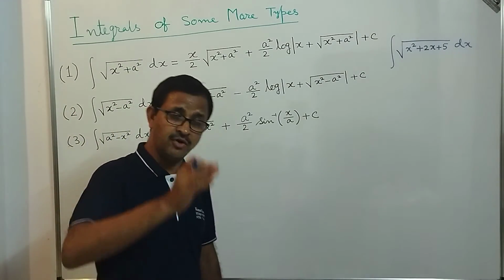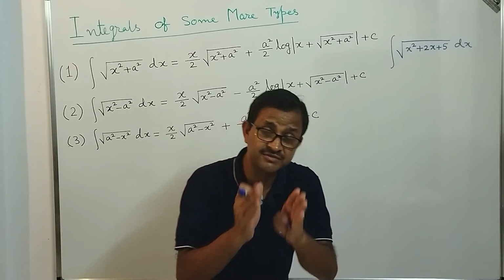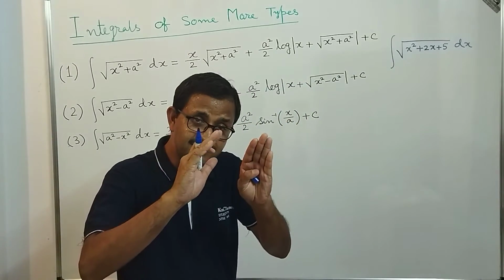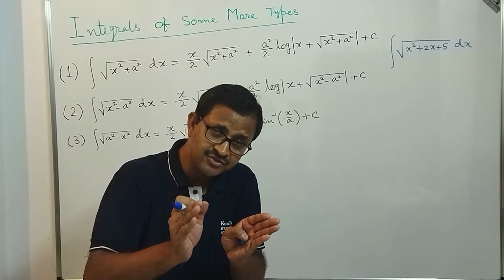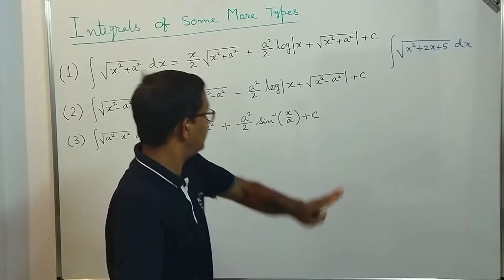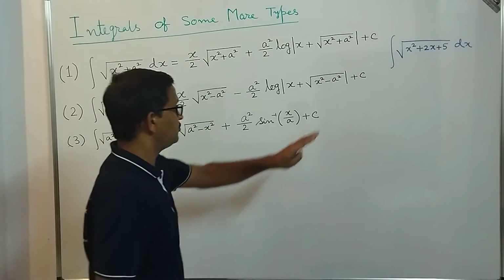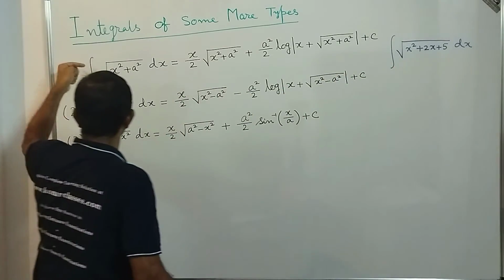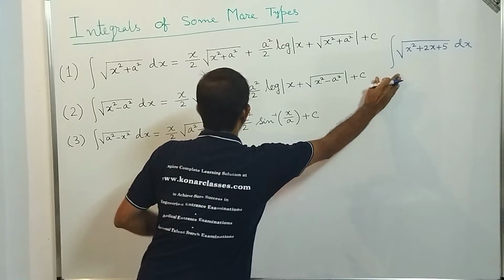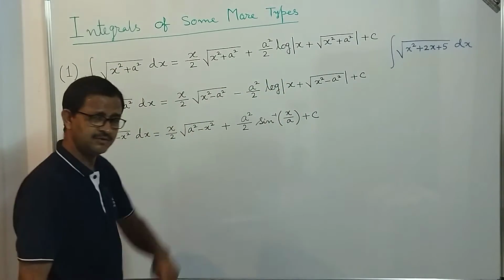The most important part: whenever you get a square root of a quadratic expression, your purpose will be to make it into the form x of something square plus or minus some constant square, so that we can bring it to this formula. Our purpose is to bring this into this category. The moment we bring that problem into this category, the rest is very easy. We can apply this formula.